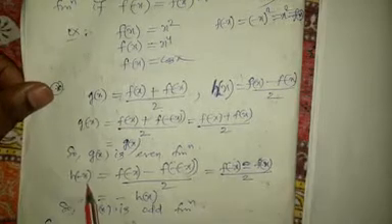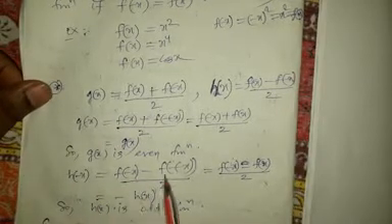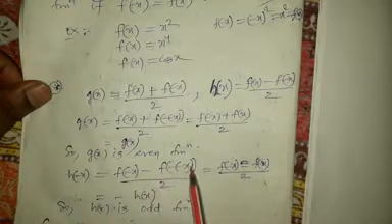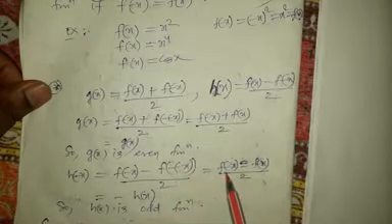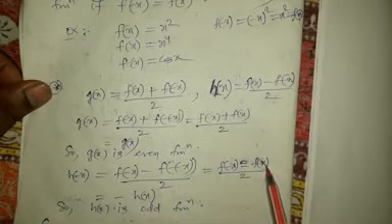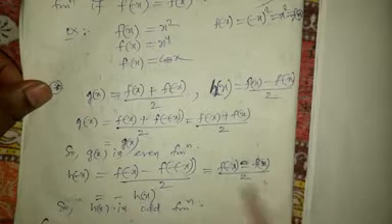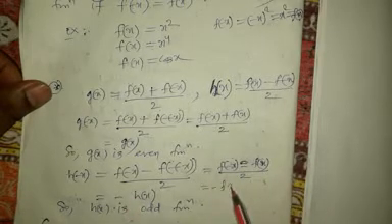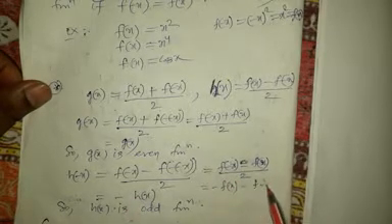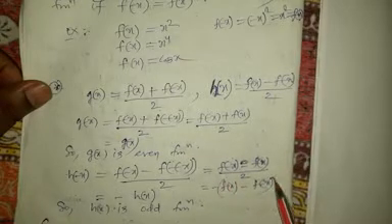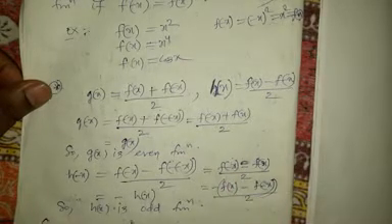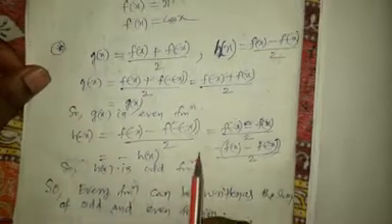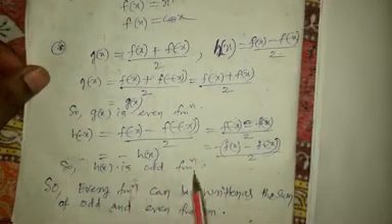Similarly, h of minus x is equal to f of minus x minus f of x divided by 2. If you take minus common, it comes to minus f(x) minus f of minus x whole divided by 2. That is minus h of x. So that's why h of x is an odd function.